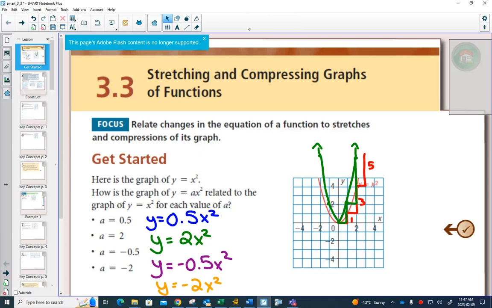Unfortunately, narrower and wider, although they're good descriptors for parabolas, they don't necessarily have the same kind of description when you start looking at an x cubed graph or a reciprocal graph.